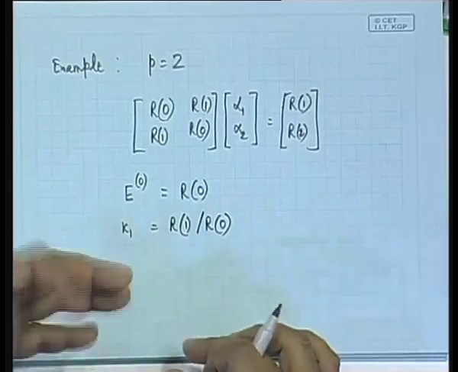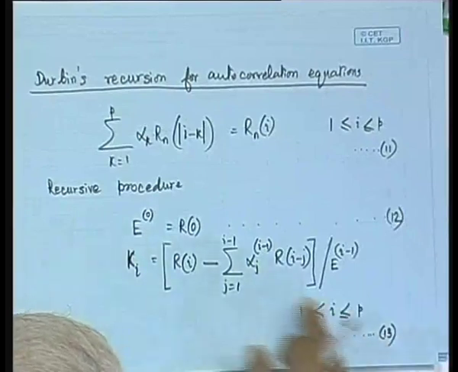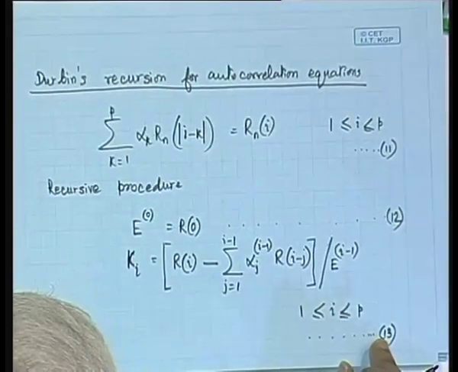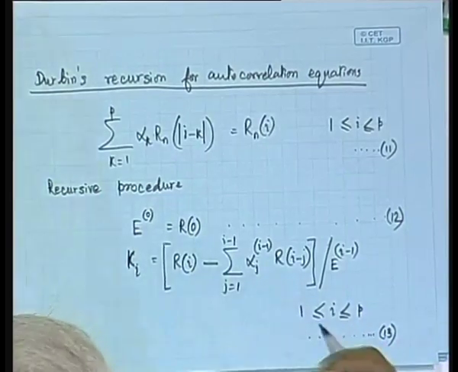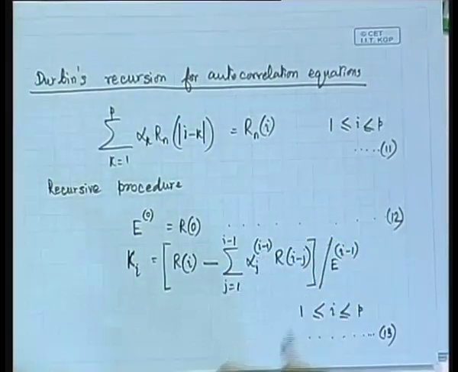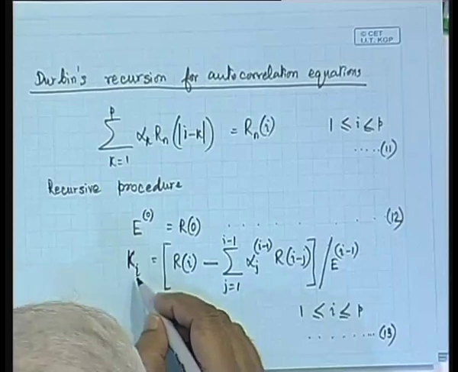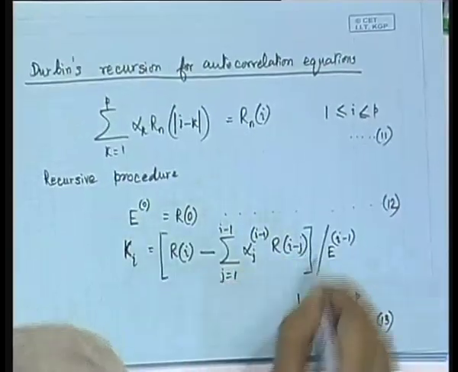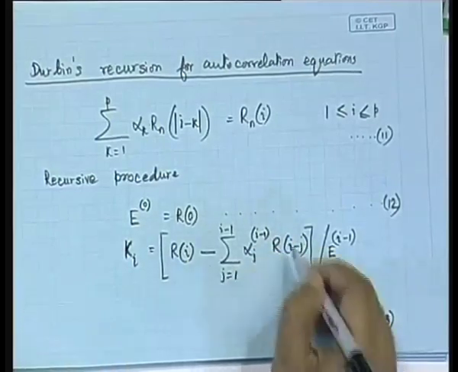In fact, this is one beauty of the algorithm, maybe that I did not explicitly note and tell you this point while I was writing down the equation. You see, of course, I was telling you that some initial estimate of alphas are needed. That is not needed, in fact. So, what you are doing is that you are only determining this K1, okay, and while you are computing K1, you will never be requiring this second summation what we have, okay.